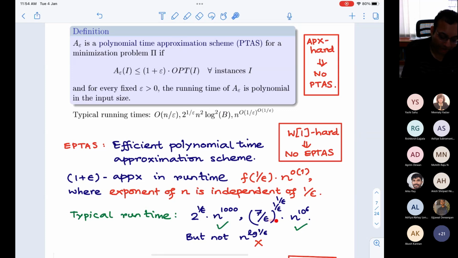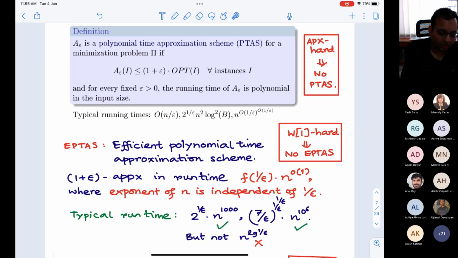This is impractical, but technically better than the previous one, because the exponent is a constant. For very small epsilon, this value is much smaller compared to the previous one. But you will not have something like n to the power log 1 by epsilon, because this exponent is not independent of 1 by epsilon. So this is not an EPTAS, whereas the previous two are EPTAS runtimes.